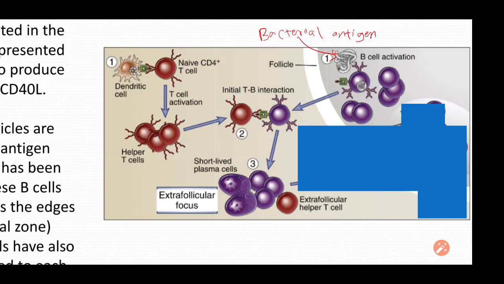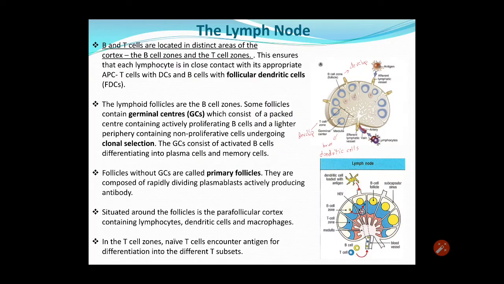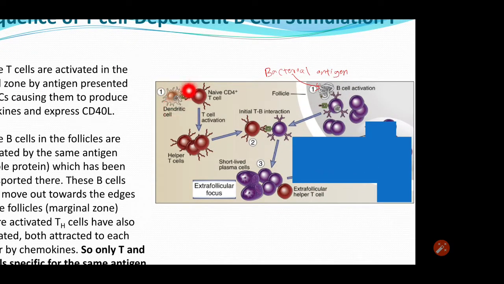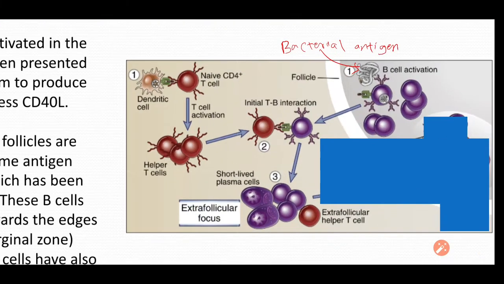Meanwhile, the naive T helper cell in this region is seeing the same antigen, the same bacterial cell, which has been picked up and degraded by a dendritic cell, processed and presented on class 2 MHC, and stimulated that naive T cell into a fully functional effector helper T cell.